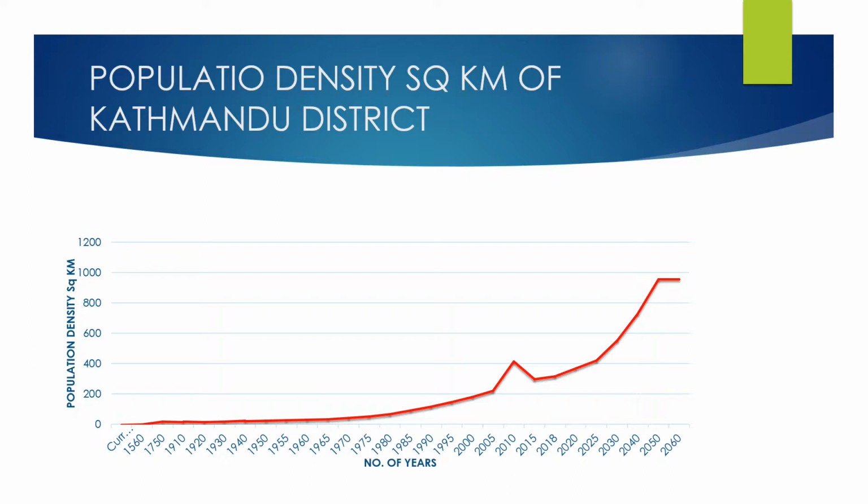So the main reason to decrease is due to the massive earthquake. So from 2015 to 2060 it is predicted to increase the population density per square kilometer of Kathmandu district.